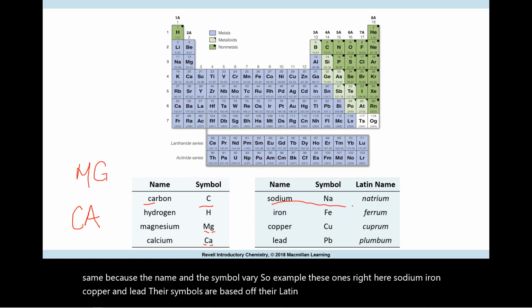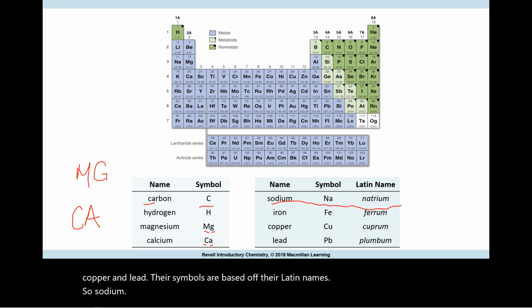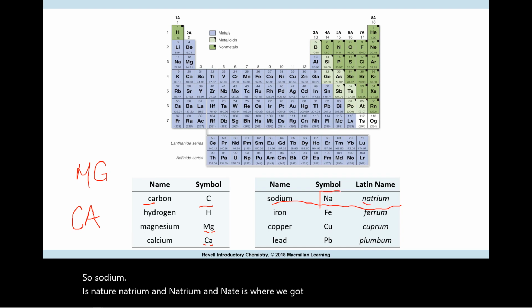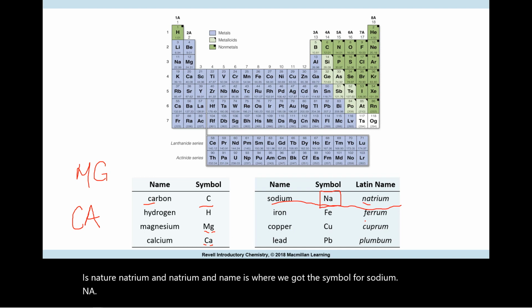So sodium is natrium, and natrium, Na, is where we got the symbol for sodium, Na. Iron used to be known as ferrum or ferros, and so it got the symbol Fe.